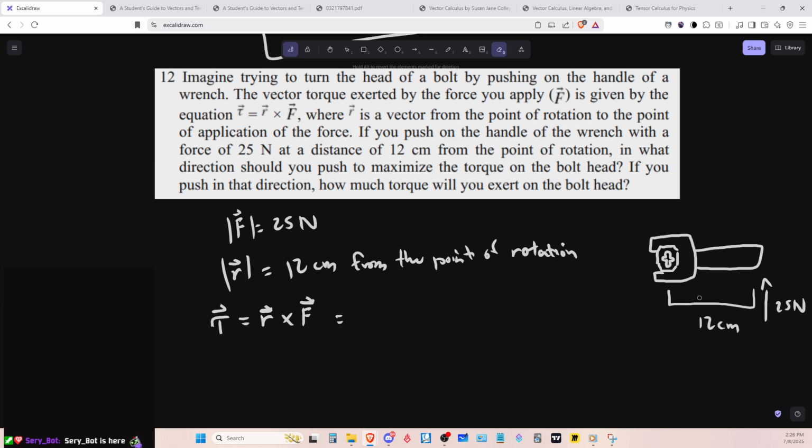And with the right-hand rule, you can see why: if you curl your fingers from the left to the left, your thumb goes up. But if you curl your fingers towards the right, your thumb goes down. So the direction would have to be from the right. You have to actually turn it towards the right.